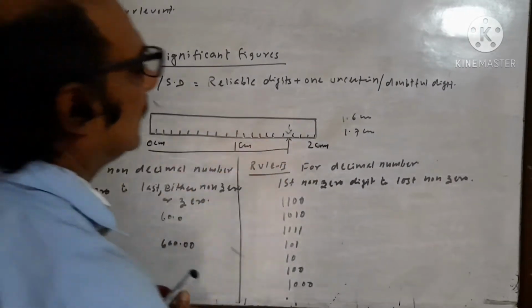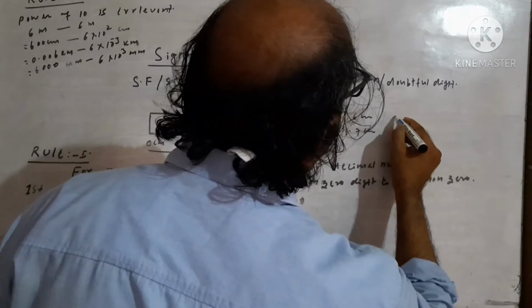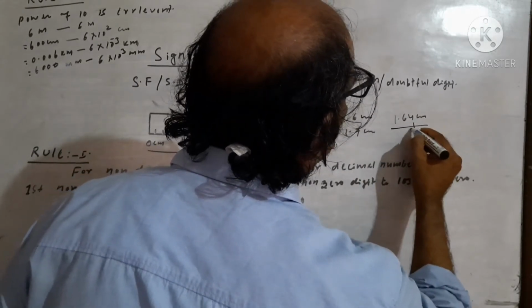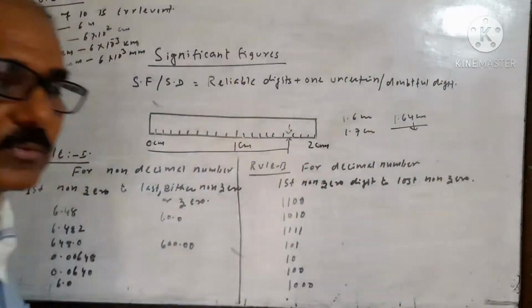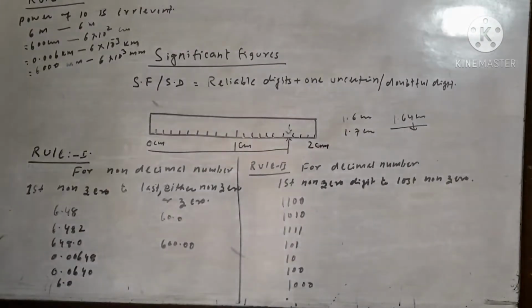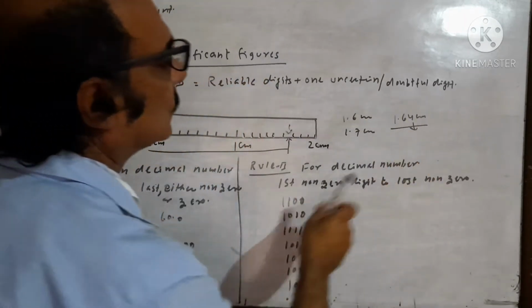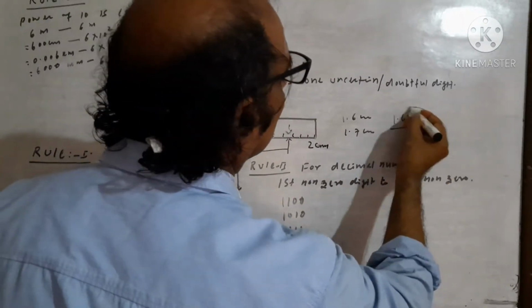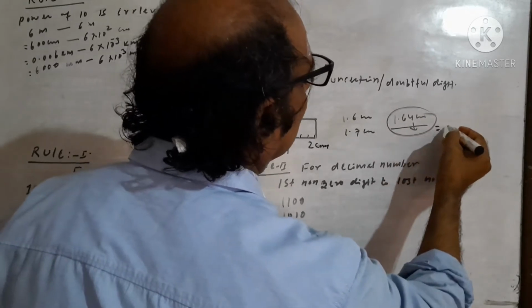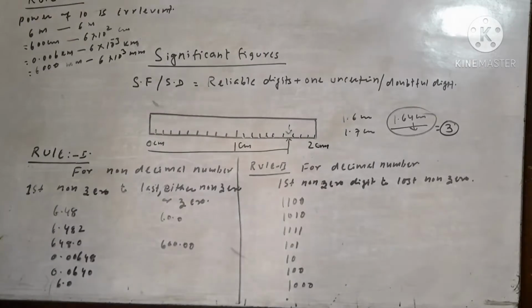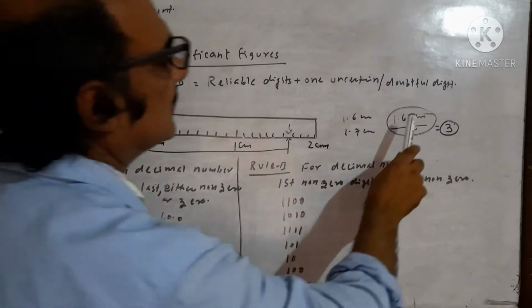But someone adds a digit, like 1.64 centimeter. So this 4 is the doubtful digit. Reliable digits plus one uncertain digit, so the total significant figures in this context are 3, and the last one is the doubtful digit.